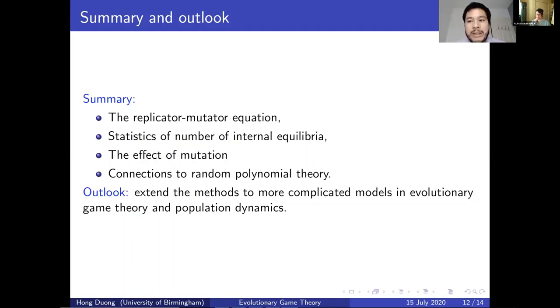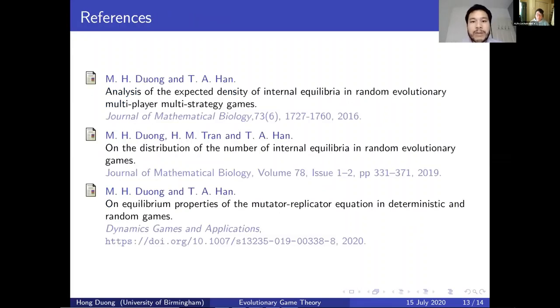Our key method is connecting random polynomial theory to evolutionary game theory. For future work, we wish to extend our methods to more complicated models in evolutionary game theory and population dynamics. With this, I would like to finish my talk, and thank you for the attention.